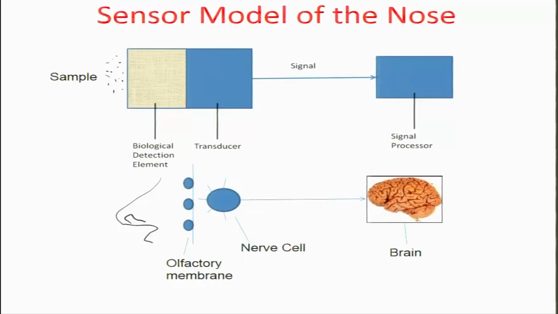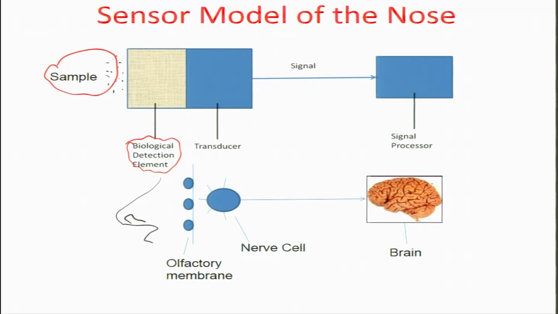So this is the whole complex functionality of the olfactory membrane, which is responsible for giving the sense of smell. If I wanted to lay it out as a sensor model, the sample that we are collecting here is the air molecules passing through your nasal tract. The biological detection element is the hair-like cilia on the olfactory membrane, which is responsible for the thousands of chemical reactions with the different materials or gases which enter the nasal tract.